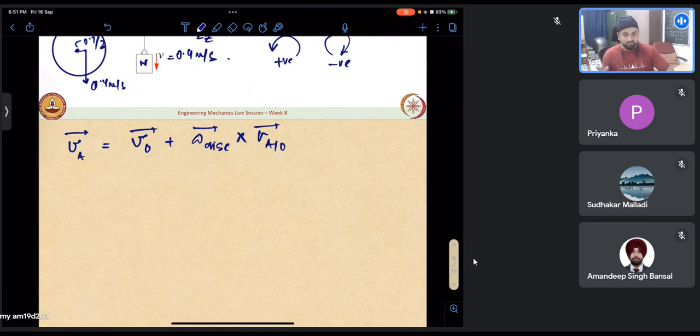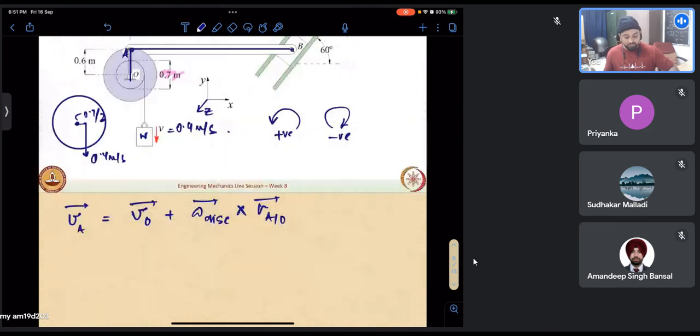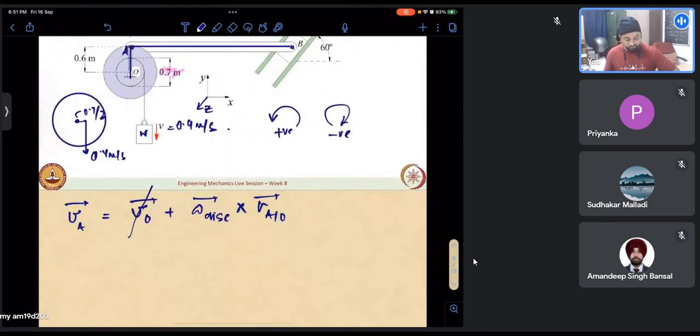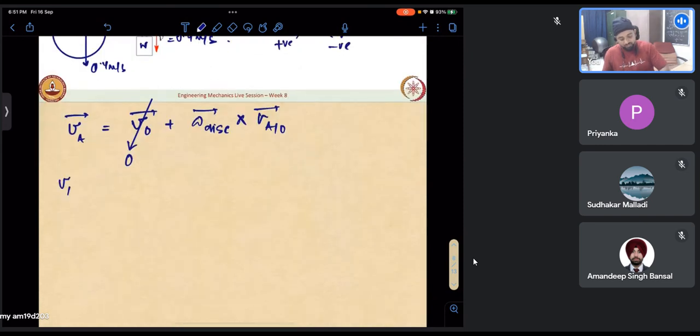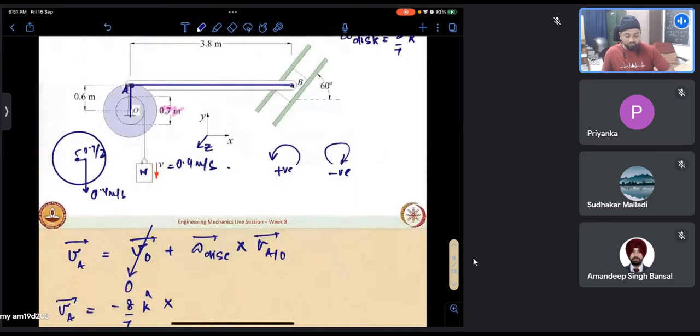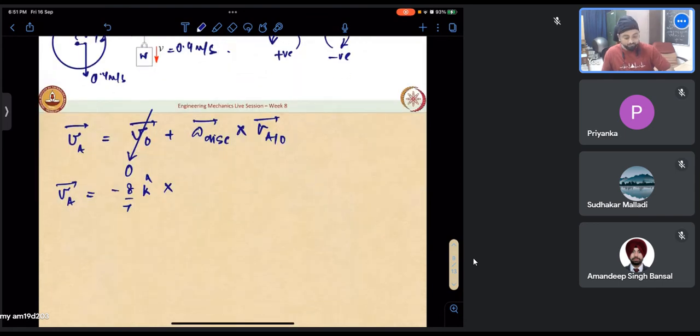Similarly, acceleration we will subsequently see. We are able to see that there is no velocity for this O. It is a fixed pivot. So essentially our VA comes out to be, what is omega of the disk? We know it is minus 8 by 7 k cap, crossed with r of A with respect to O. We are able to see it is 0.6 is the distance here. So it is 0.6 j cap.